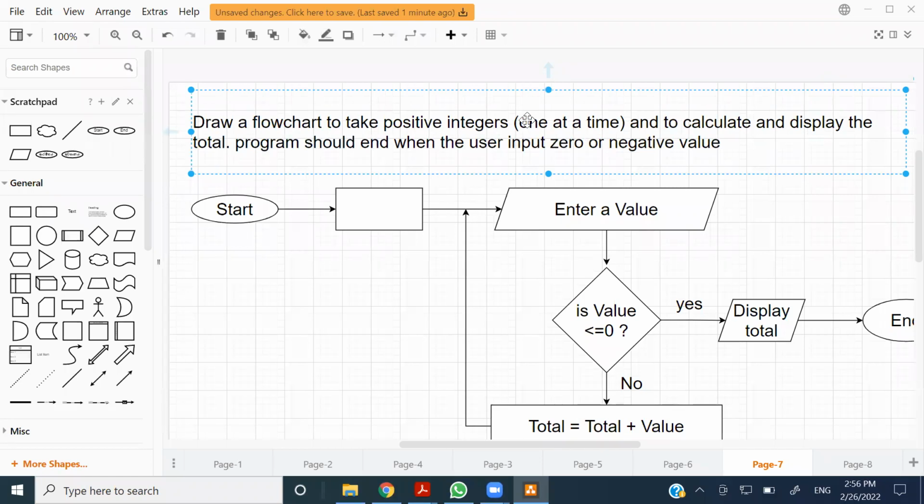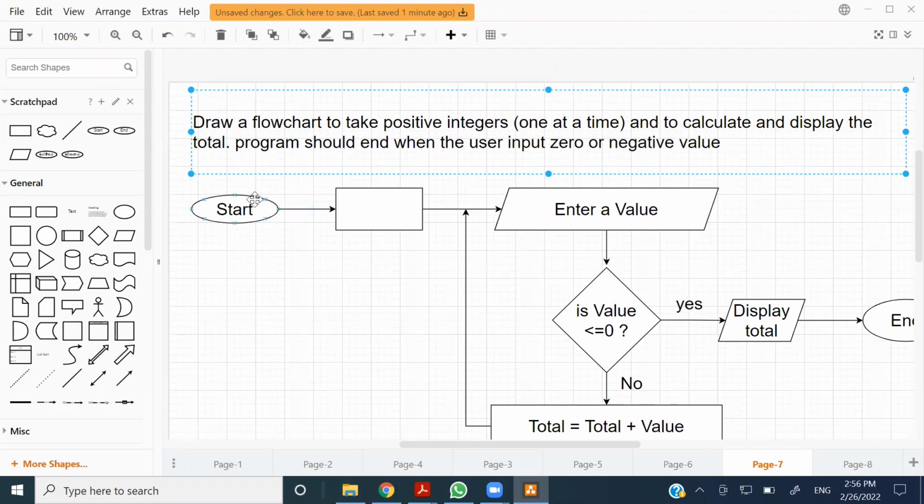So you should check whether it is a positive or a negative value, because if it is positive, then only you are going to count that. If it is not positive, then you are not going to count it. Instead of that, you are going to end the program.